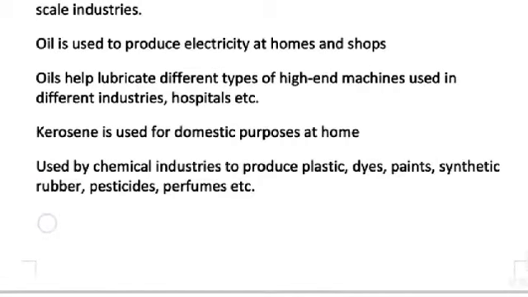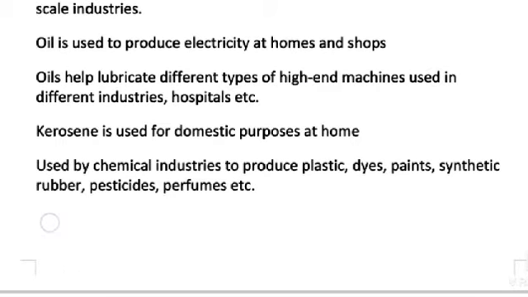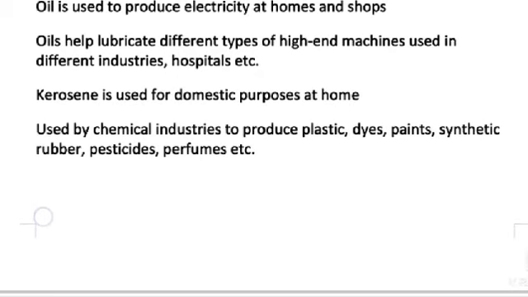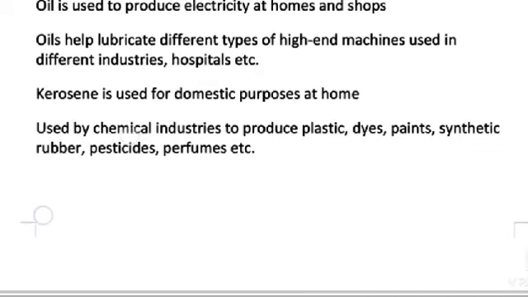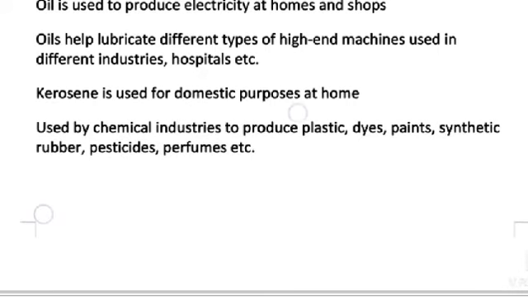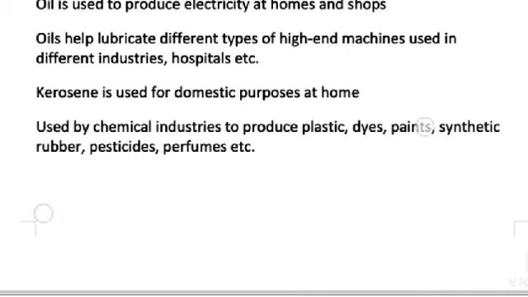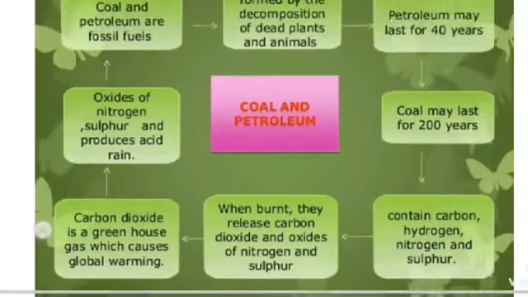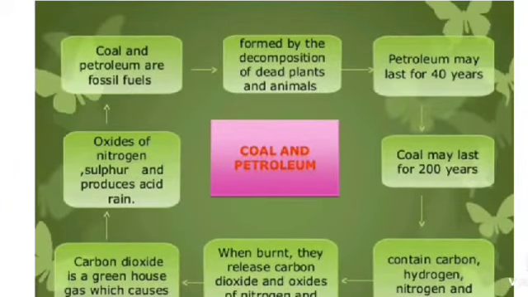Oil helps lubricate different types of high-end machines used in different industries, hospitals, etc. Kerosene is used for domestic purposes at home, and by chemical industries to produce plastics, dyes, paints, synthetic rubbers, pesticides, perfumes, etc.